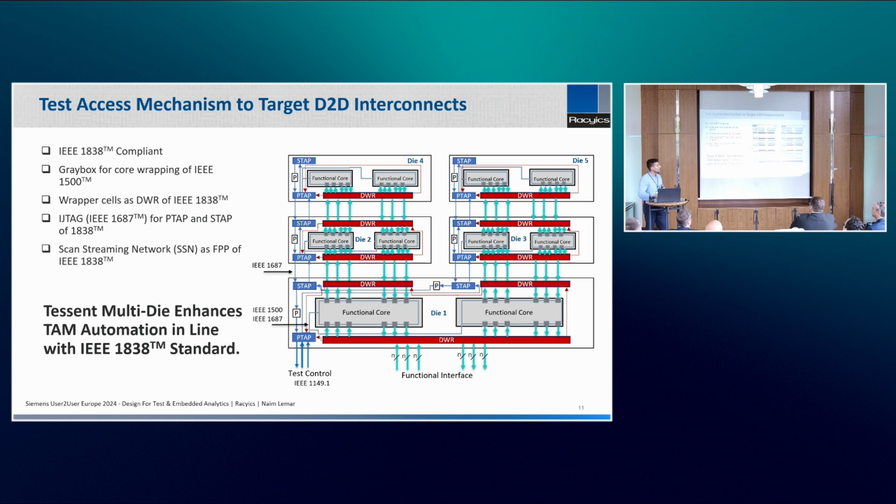We can also leverage the SSN bus to do this with parallel, packetized data, and shift and capture. Tessent MultiDie enhances the test time for us, and it's already there in the Tessent MultiDie product.